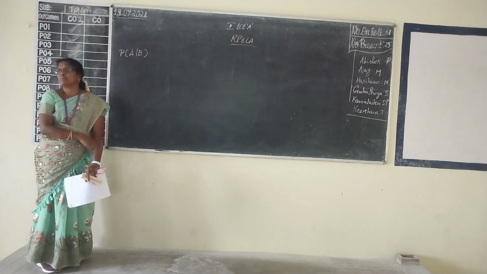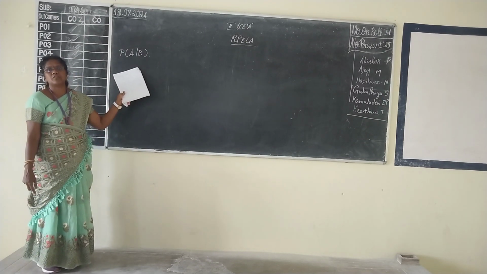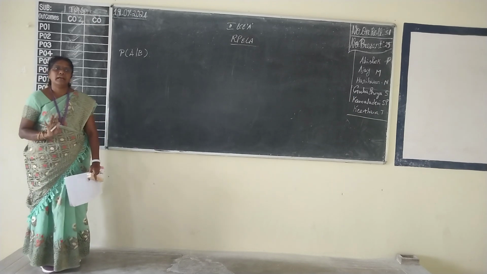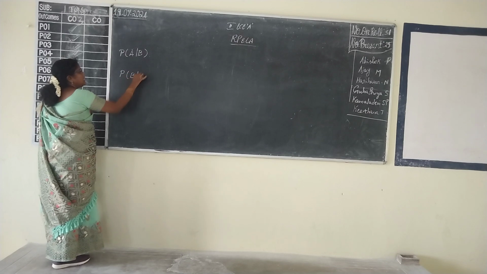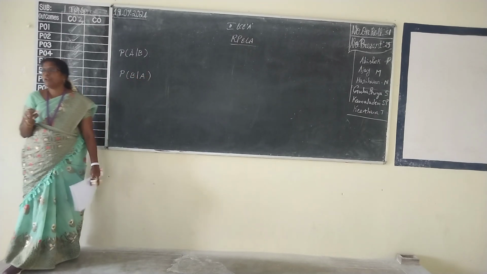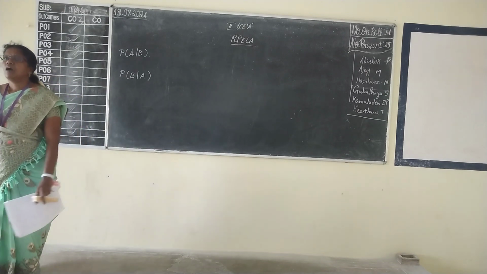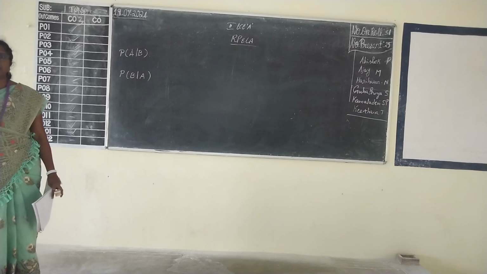Understand this simple probability. We are trying to find the probability of A based on the condition that B has already happened. What will be P of B given A? On the condition that A has already happened.